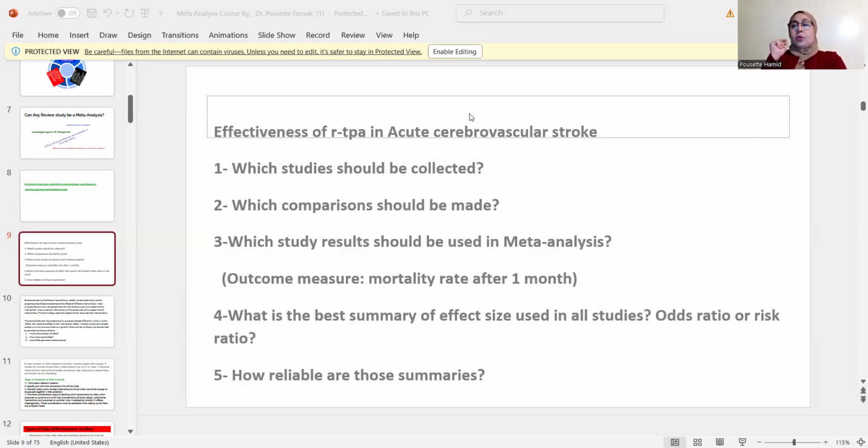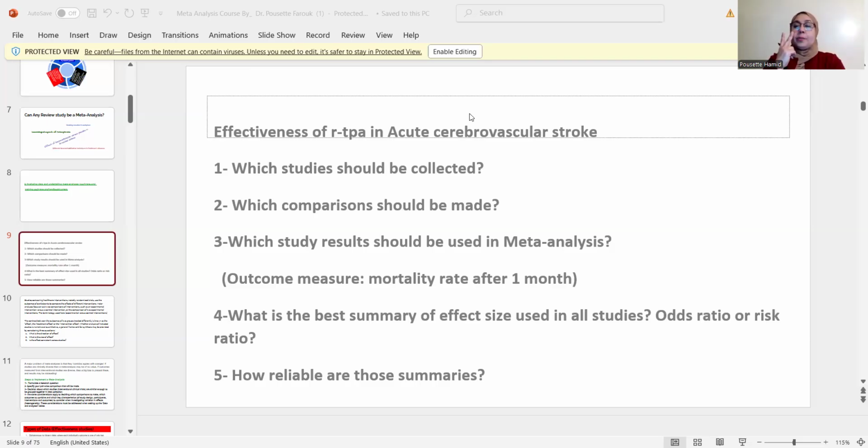So the question number one you should ask yourself: what studies should be collected? We agreed we will collect RCTs only, recent, relevant, in the last 5 years, in English language, peer-reviewed. What comparison should be made? I will compare between two groups: one group of acute ischemic stroke receiving rtPA and one group of acute ischemic stroke receiving placebo.